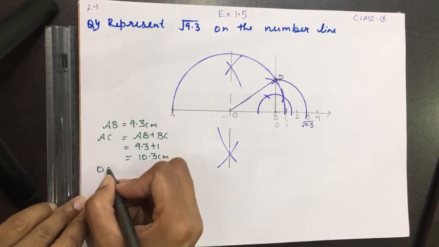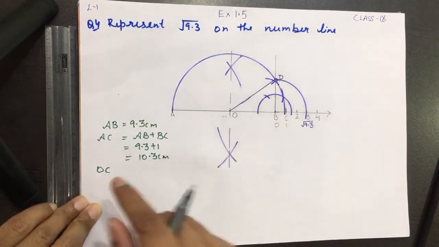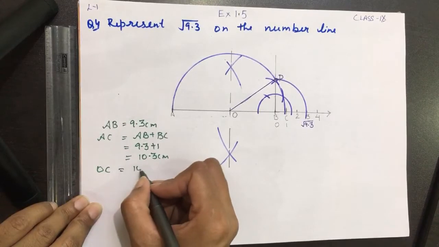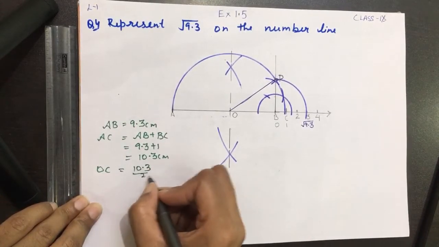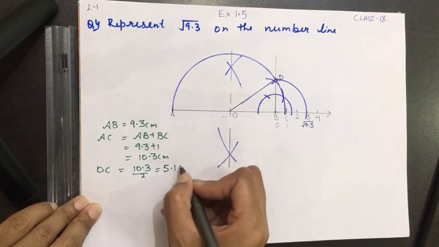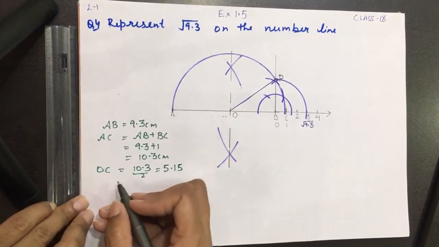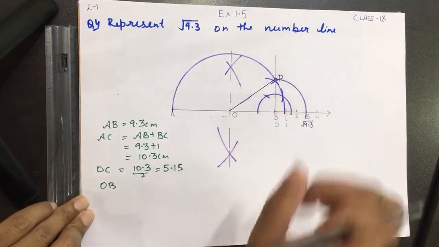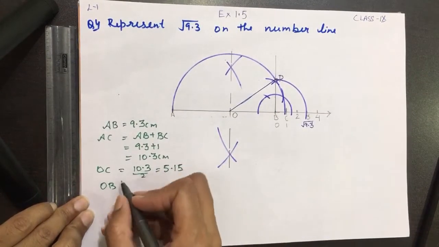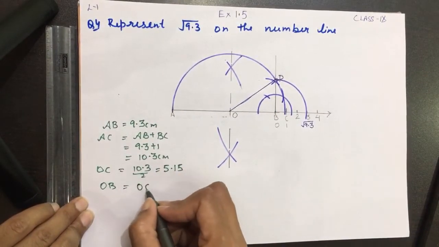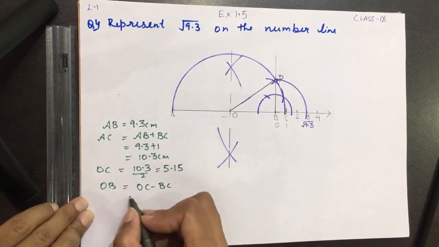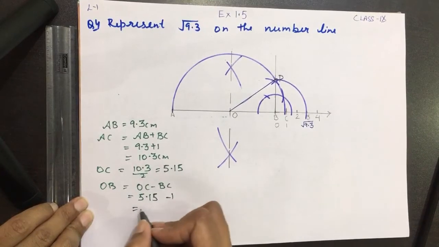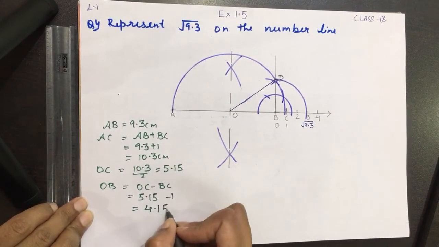OC is the radius because we have taken the perpendicular bisector of AC, so 10.3 upon 2 is 5.15. And how will you find OB? OB will come out when I subtract 1 centimeter from the radius. So OB equals OC minus BC, and 5.15 minus 1, you are getting 4.15.